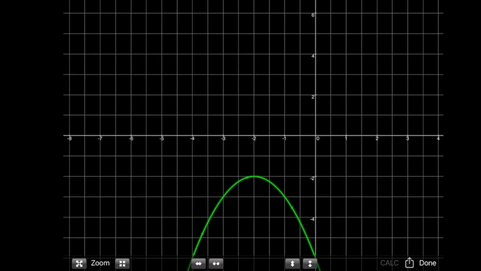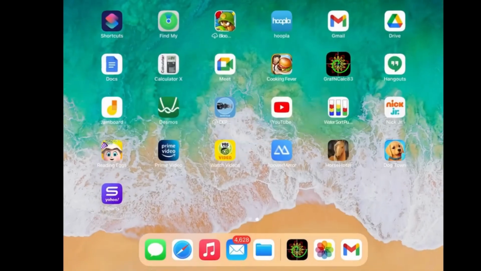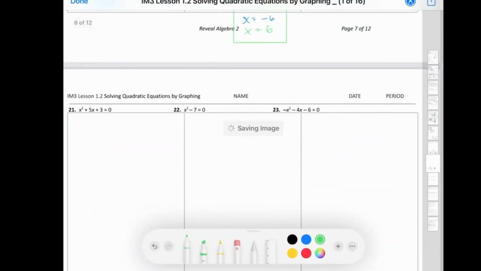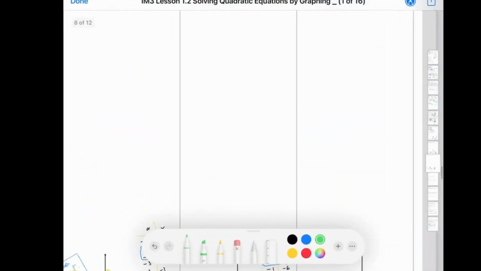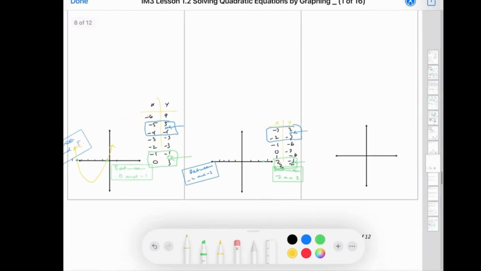If you zoom in or out, will it ever cross the x-axis? The answer is never. So if your graph looks like this, it's never going to cross the x-axis. So we would say no real solution. And that is your answer for number 23.